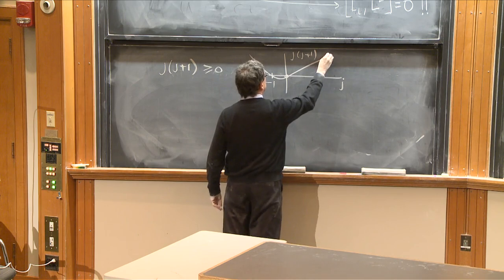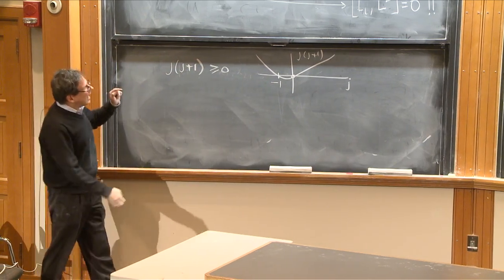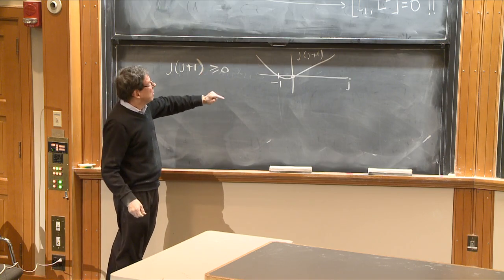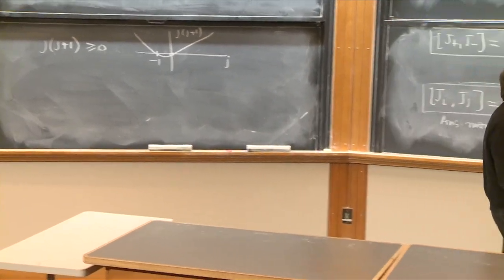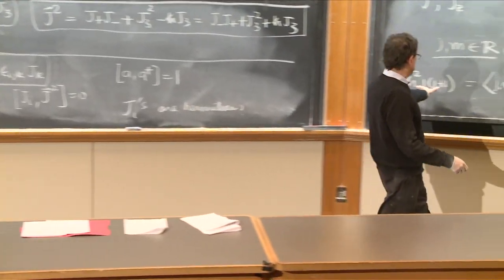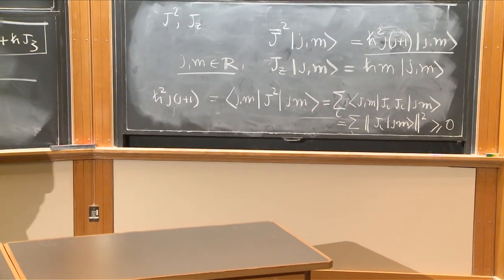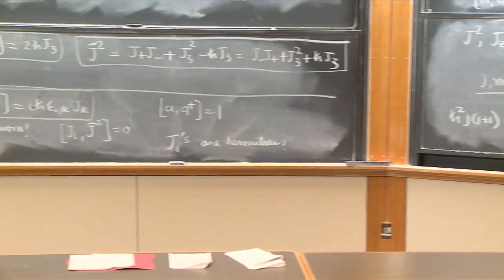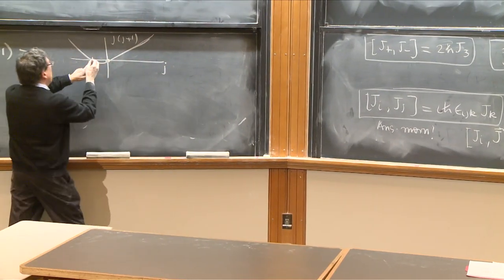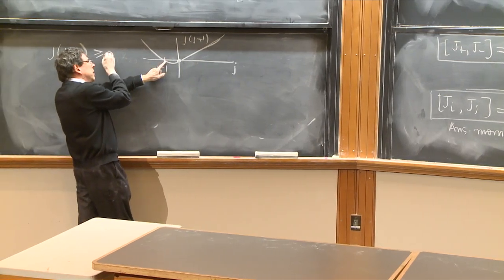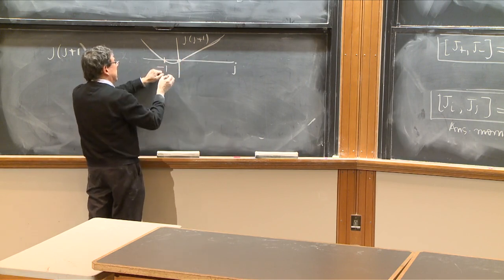It's a function like this, the function J times J plus 1. And this shows that you need this thing to be positive. So to represent all the states that have J times J plus 1 positive, I could label them with J's that are positive or J's that are smaller than minus 1. So each way I can label uniquely those states.